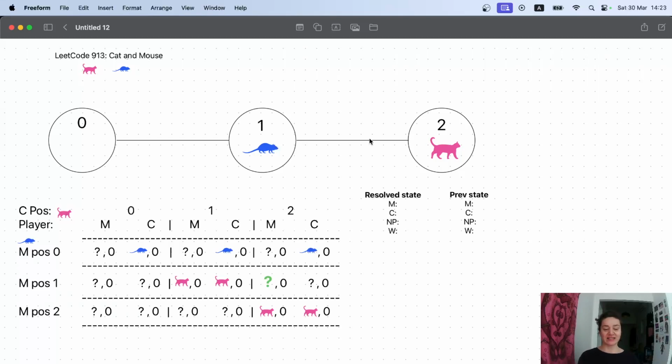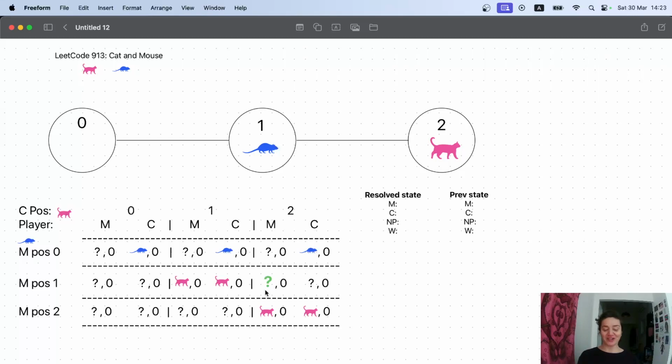Since we have in this example 3 nodes, then we have 3 rows. The mouse can be at node 0, 1, or 2. The columns are for cat position. And for the 3rd dimension, I cut each column into mouse and cat. Mouse turn to play, cat turn to play. Okay? So this is the 3rd dimension.